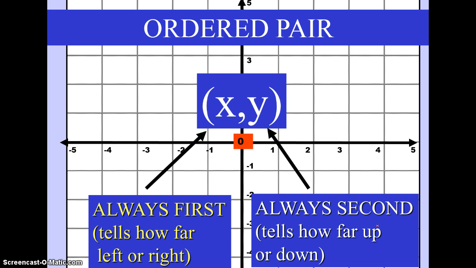You have to walk left or right to the elevator before you can jump in it and go either up or down. You drive to the airport before you can go up in the plane and descend when you get to your destination. But you always start with a left or right value or distance before you can travel up or down.